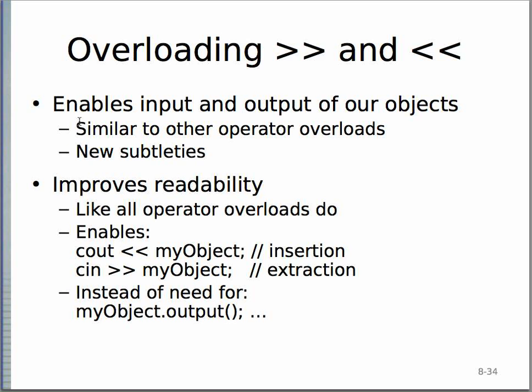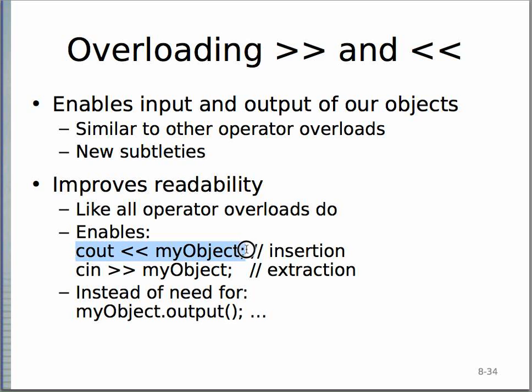Now this is very similar to other operator overloads like the plus operator. This is a binary operator. It's different in that it can be cascaded. That is, you can have a whole bunch of things inserted into a cout stream, for example: cout, insertion, some object, insertion end line, or insertion of a string, or of another object, and so on. The whole reason for doing this is that it improves readability.